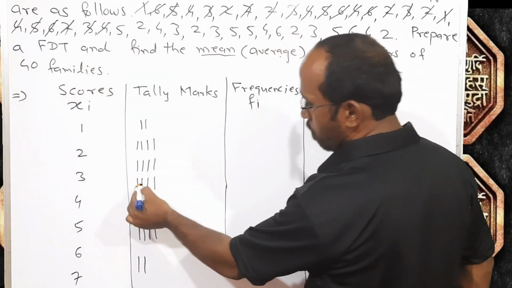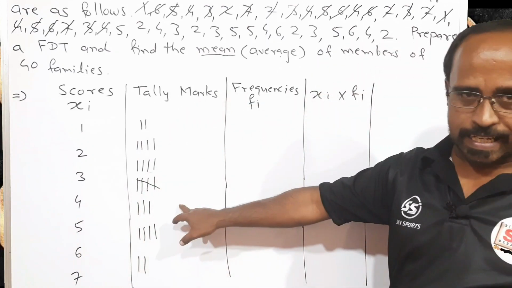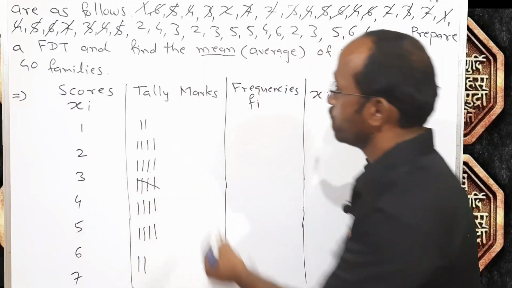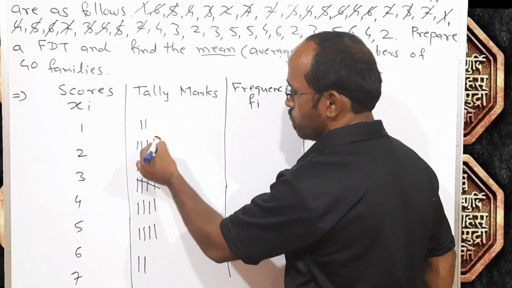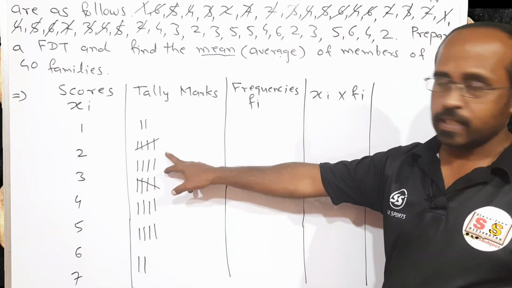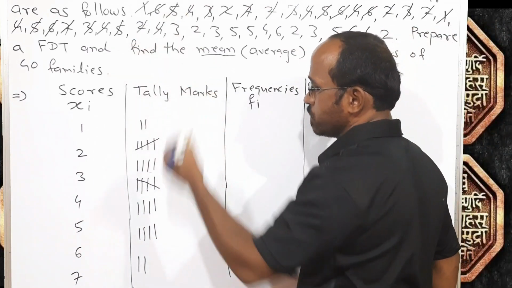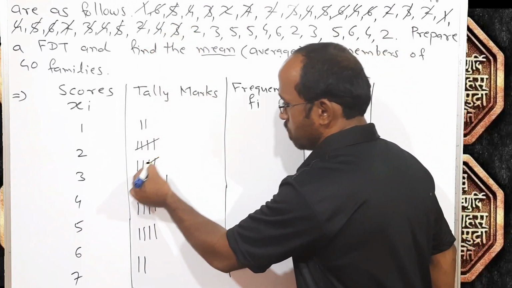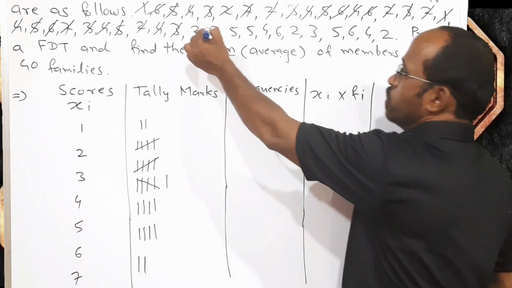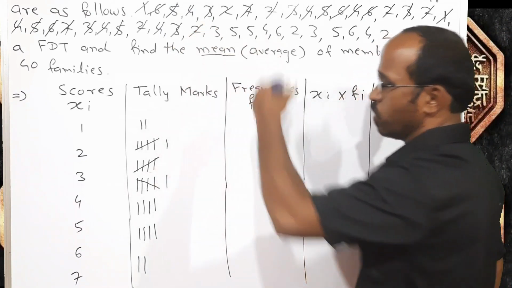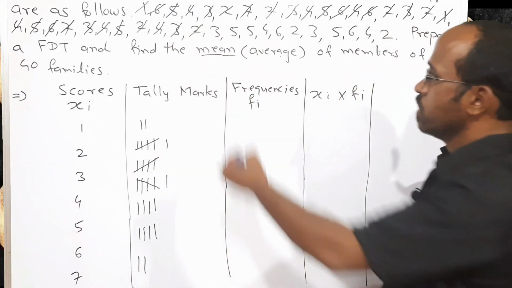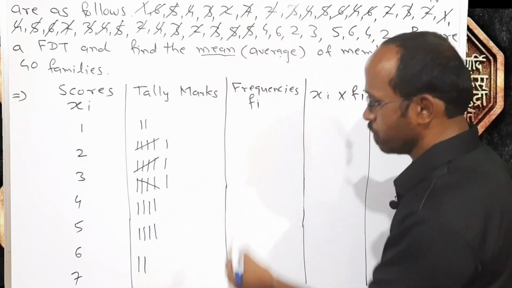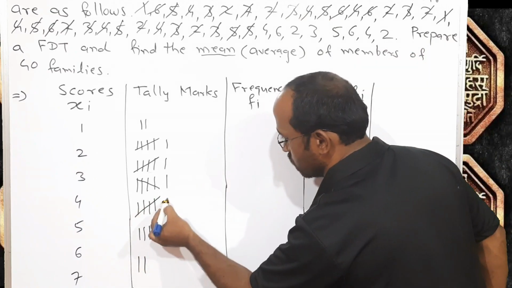4, bunch of 5, so slanting line. Okay. 5, 2, bunch of 5, so slanting line. 4, 3, bunch of 5. 2, one more line in front of the bunch. 3, 5, 2 times 5, so first line, second line.